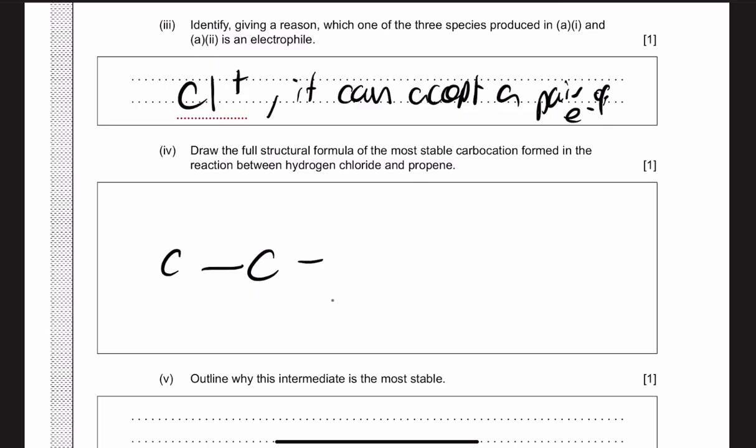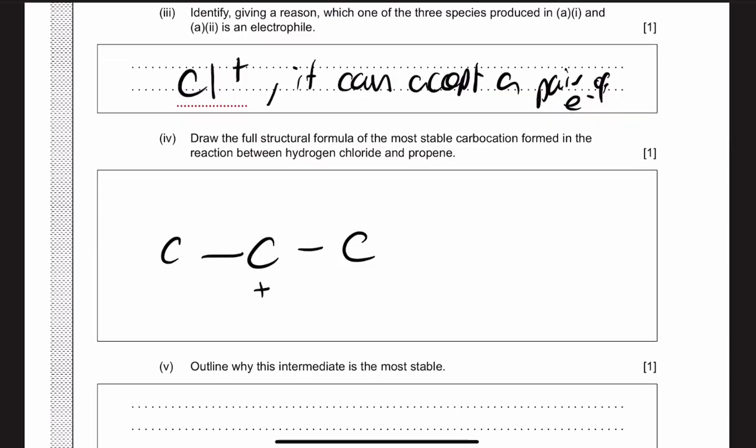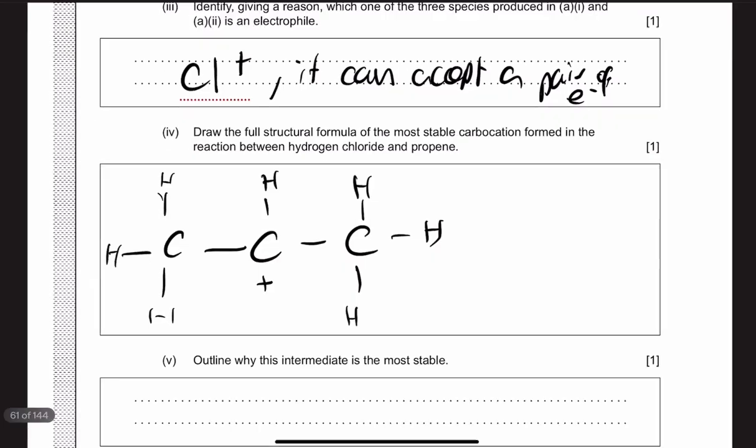So we want the charge on the central atom, so we have the opposing methyl groups, right? We want these two methyl groups on the side. We want them to be able to give us these positive inductive effects. So how do we draw it? Well, we should have this central one be our carbocation, so let's just mark it immediately, and the rest we just fill out with H's. That gives us this carbocation, which is the correct answer.